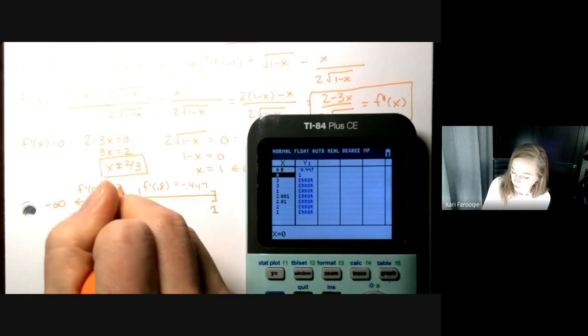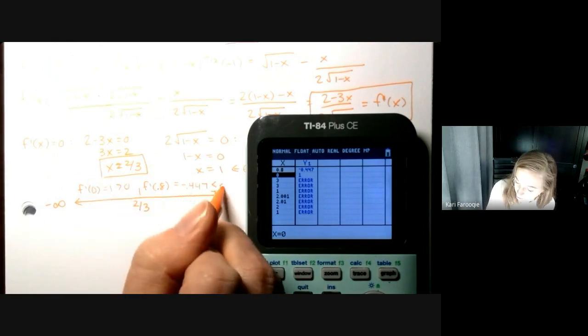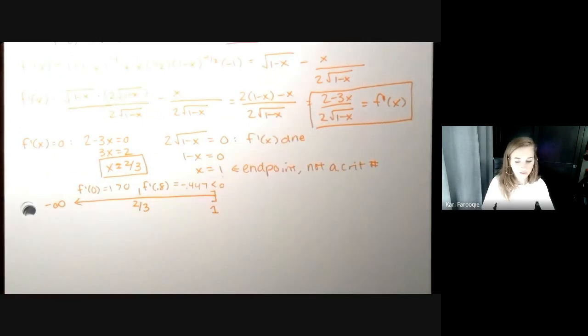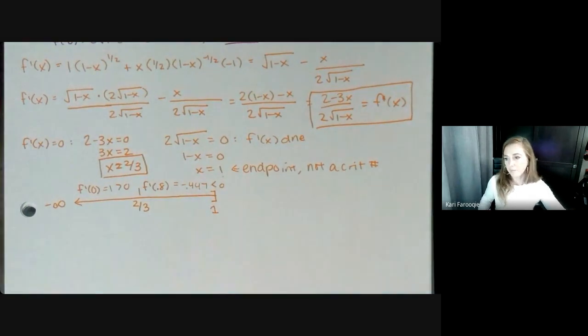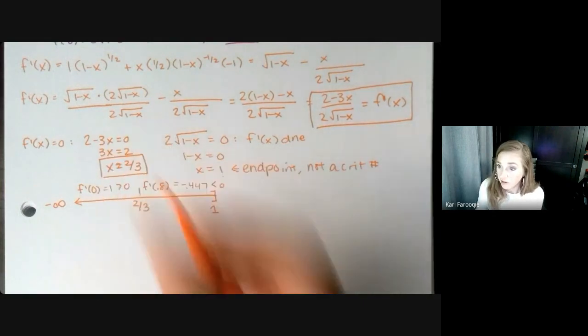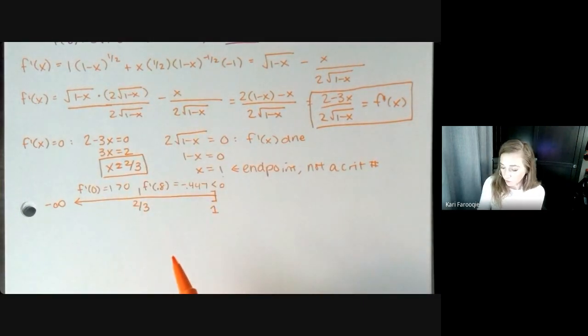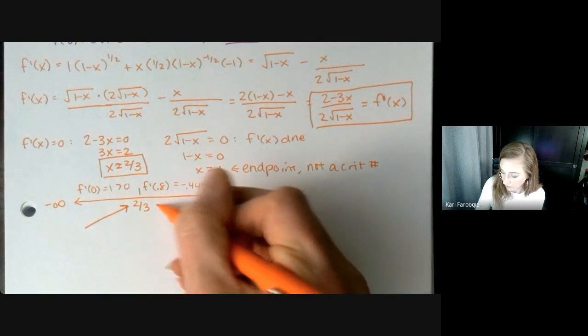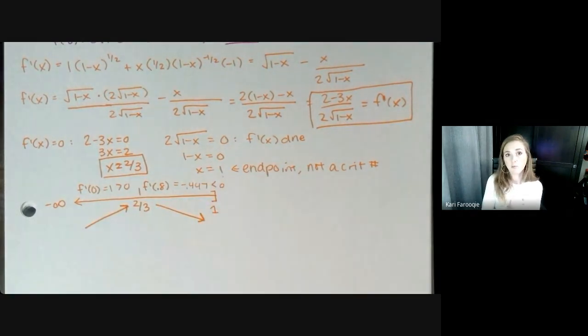So 1, of course, is greater than 0. Negative 0.447 is less than 0. That tells us something about the behavior of our function on each side of this critical point. We would say that the function is increasing on the first interval because the first derivative is positive, and decreasing on the second interval because the first derivative is negative at that test point.